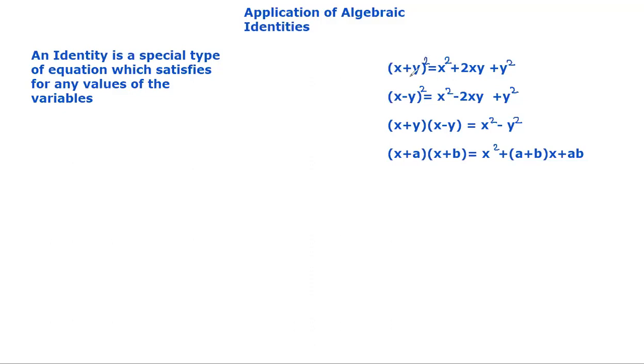Square means nothing but that this is multiplied by itself, right? In each and every case you can see that binomials are there and it is multiplied by some other binomial or with the same binomial. In these two cases it is multiplied with the same binomial, but in these two cases there are different binomials. So now one by one let us see how we can apply these identities.